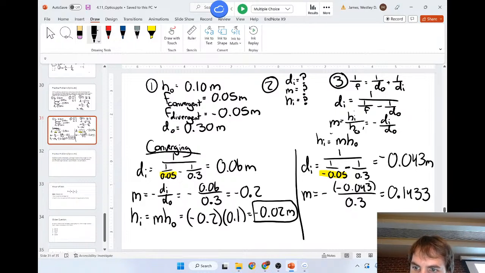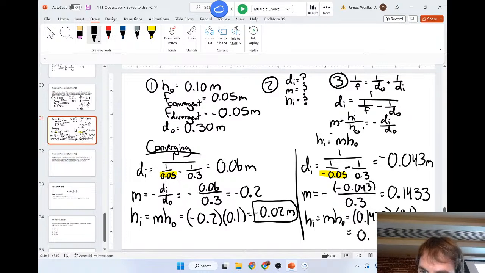It's positive, so it's going to make a right side up image. And then my height of the image is going to be my magnification times the same thing. 0.1433 times 0.1 comes out to, just move the decimal place, 1 to the right. And we get an image that's a little bit smaller than the other one.